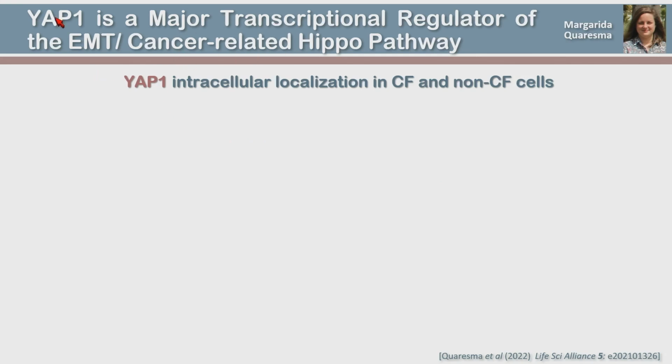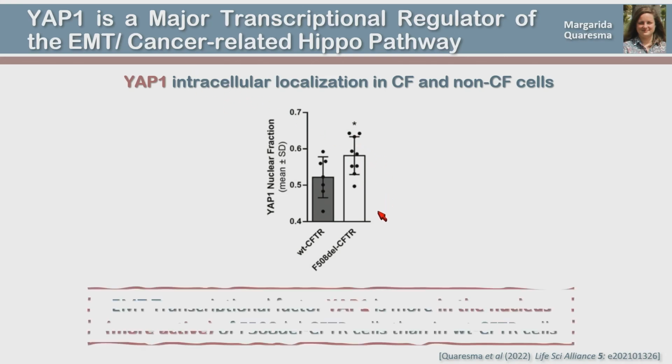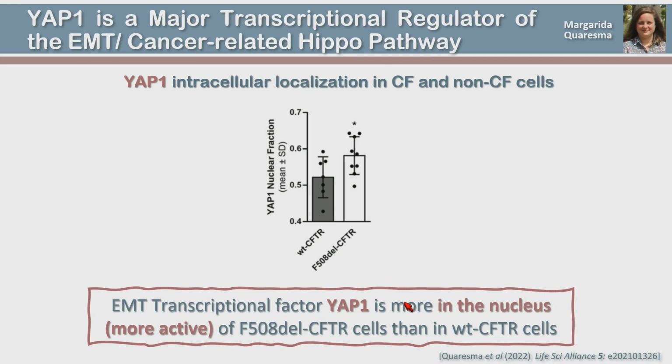One of them is YAP1, which is in the Hippo pathway. And what she found is that in the CF cells, here delta F cells, the YAP1 has a more internuclear, sorry, it's not intracellular, it's internuclear localization than in non-CF cells. So if YAP1 is more in the nucleus, it is more active.